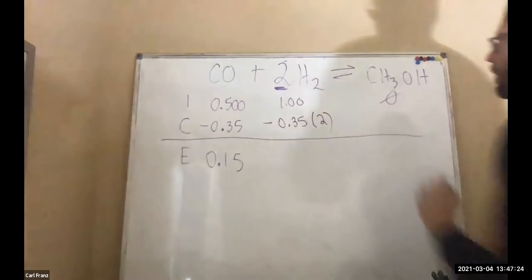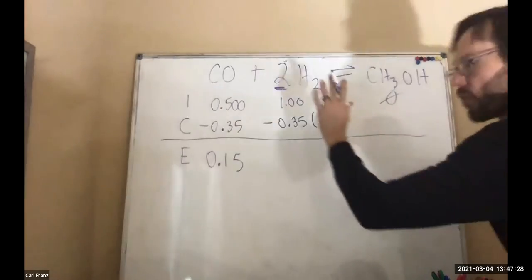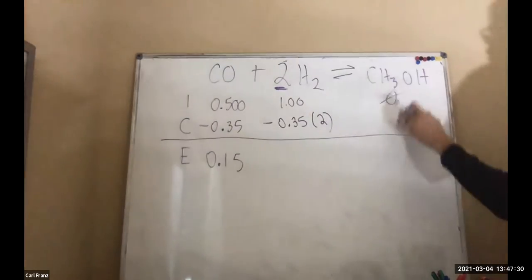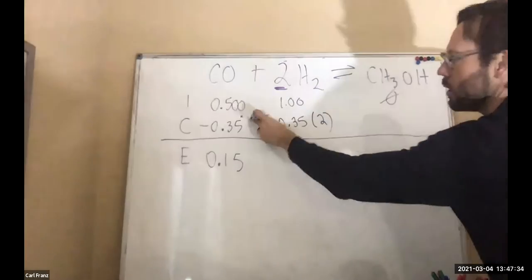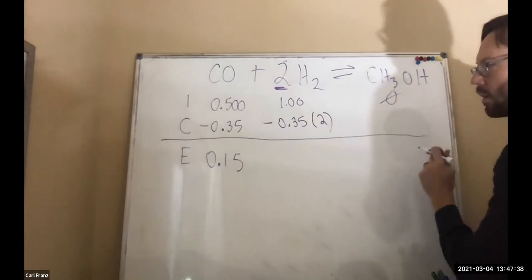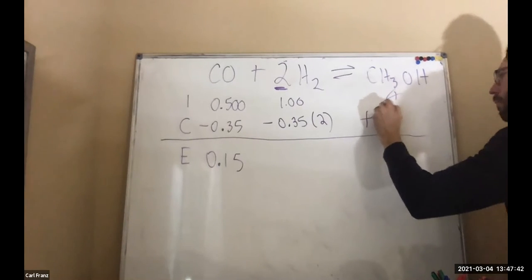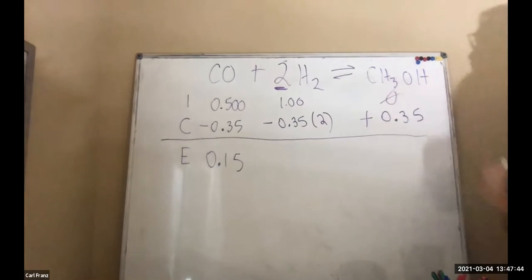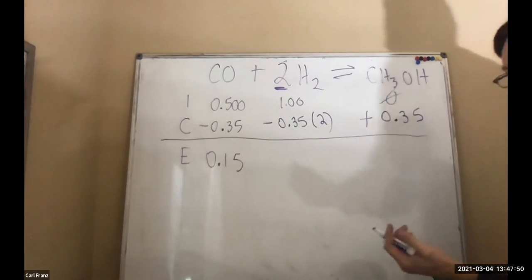Because of the coefficient. And then that difference must be this product's gain. So it loses 0.35 in concentration and what? 0.7, and it gains 0.35 here. And so what is our equilibrium?